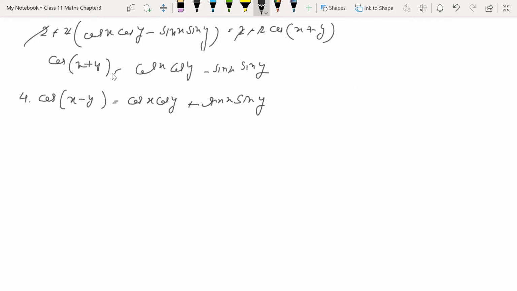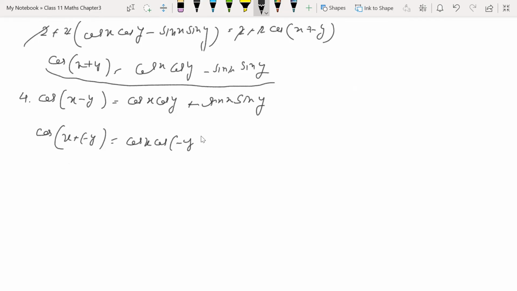If we replace y with minus y in the above identity, then it becomes cos(x plus minus y). It is the same. Cos x cos minus y minus sin x sin minus y.